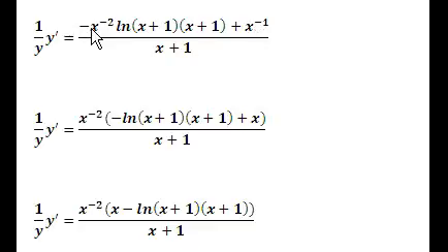Because both their bases are the same, we can factor these out, and you always choose the one with the smallest exponent. So we have a negative 2, so we're going to pull that out. So if I pull that out, we have a minus, and then the natural log of (x + 1) times (x + 1), plus, now I'm factoring out an x to the negative 2, so when I pull that out of here, we're just going to be left with an x to the first power.